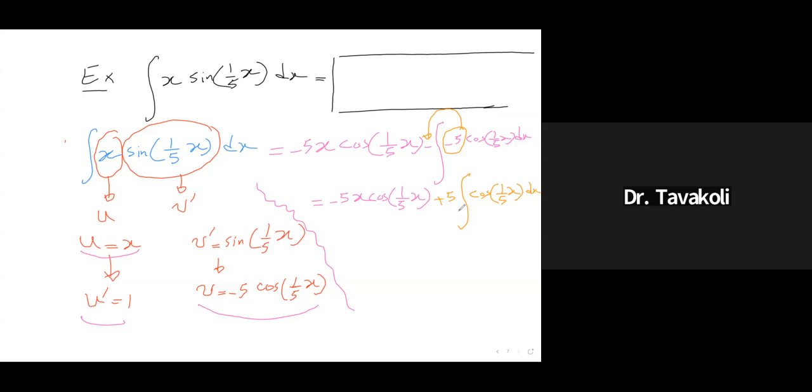What is the antiderivative of cosine of 1/5 x? Pay attention here that k is 1/5, so 1 over k is going to be 5. So that's going to be 5 sine of 1/5 x. In fact, using the formula I mentioned before, that coefficient is 1 over 1/5, and 1 over 1/5 is 5.